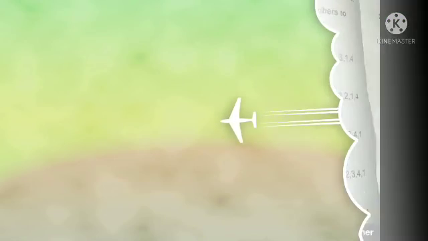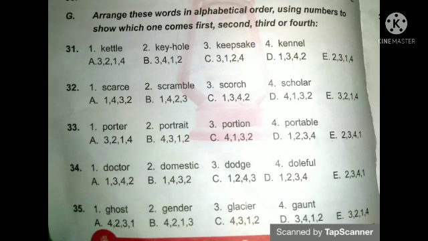That's beautiful. Going to the second exercise, we have alphabetical order. In this exercise, I want you to have your ABC arranged in your mind so that you can apply it here.